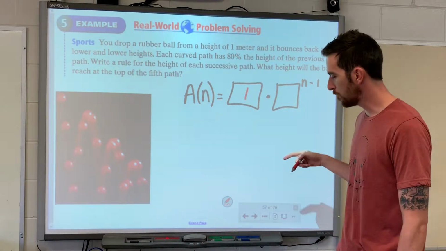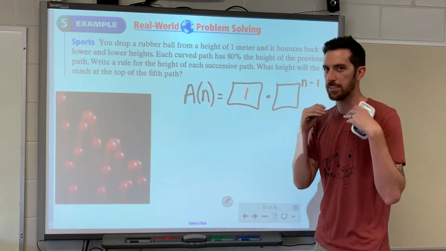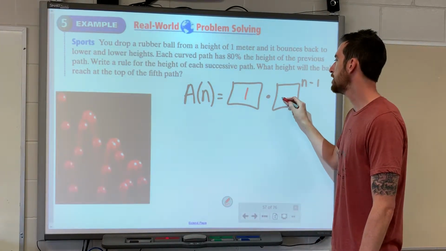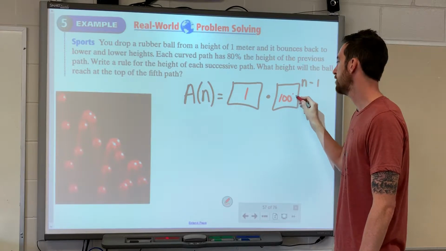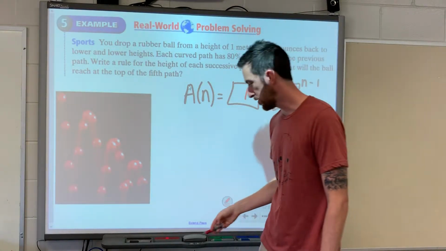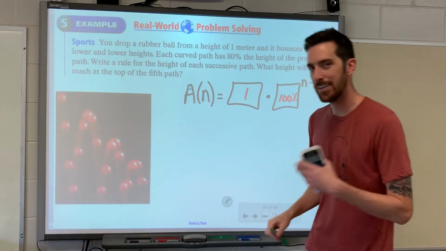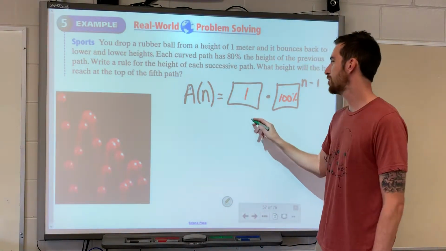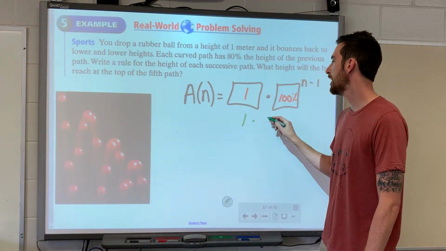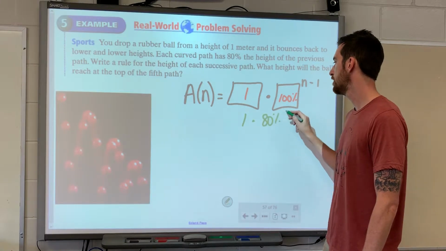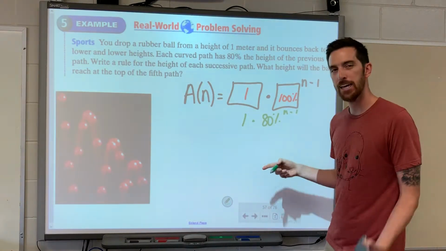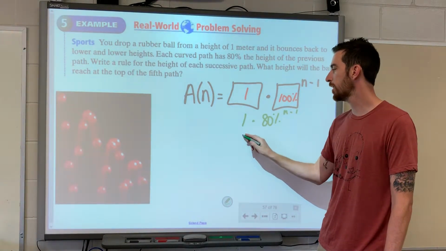And then this number, we want to think of it like if it's staying exactly the same, we're going to be basing it off of 100%. Now this is 80%, so we're going to need that as a decimal. So it's really going to be 1 times 80% to the n minus 1. But 80% as a decimal is 0.8.